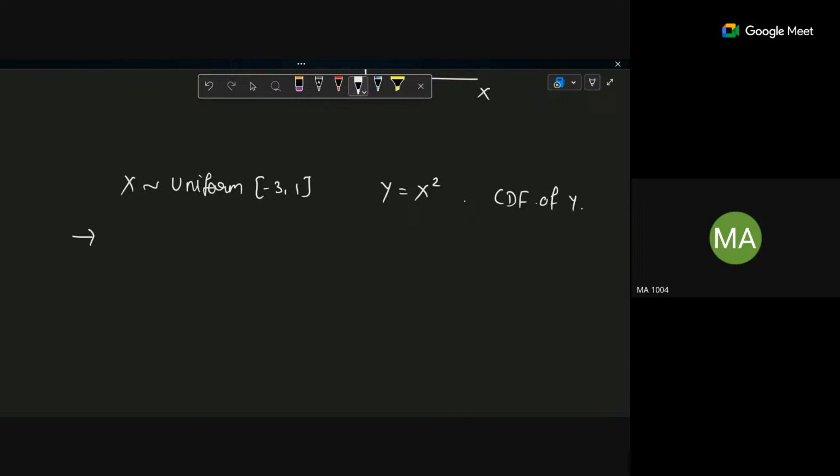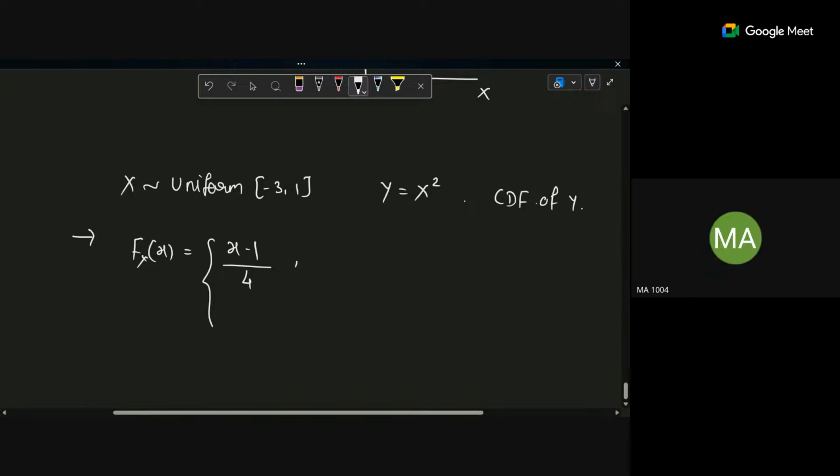So, we can have Fx of x, right? That is the easiest step we can do. Fx of x is what? x minus a by b minus a, sorry, x minus a by b minus a, that means x plus 3 by 4, right?